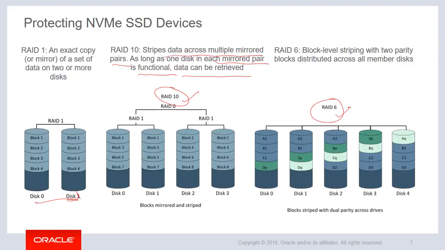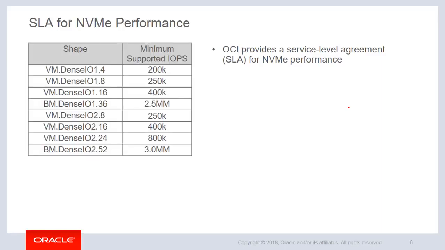Setting up RAID configuration is very straightforward, and this is a mechanism we recommend to protect your local NVMe SSD devices. Now for these devices, we really feel good about their performance, so we offer a service level agreement. Keep in mind, we are the only cloud provider who actually provides an SLA for performance, period.